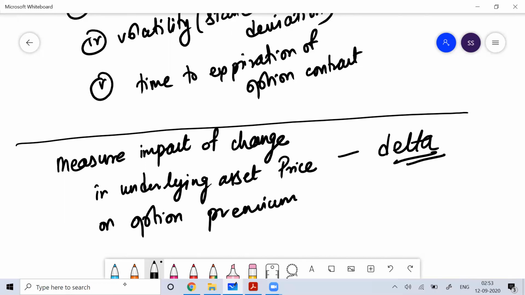You can calculate the delta for the option contract. So the delta of the option contract will tell you this impact.